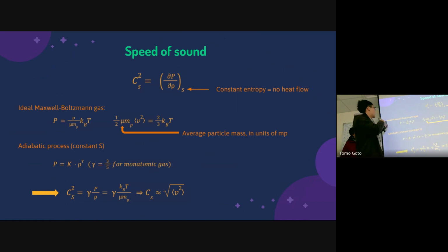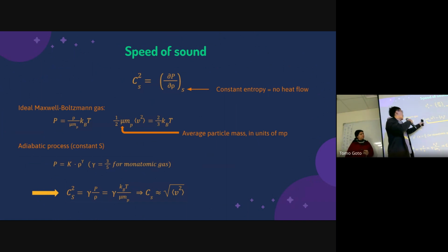And by the ideal Maxwell-Boltzmann gas equation, we can get these two. This one is from PV equals NkT, and I put the V to the right side, and we can get this one. And another equation is this one. And in an adiabatic process, which is constant entropy, we can get this equation here.